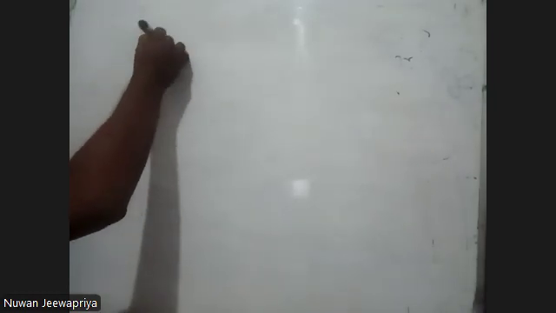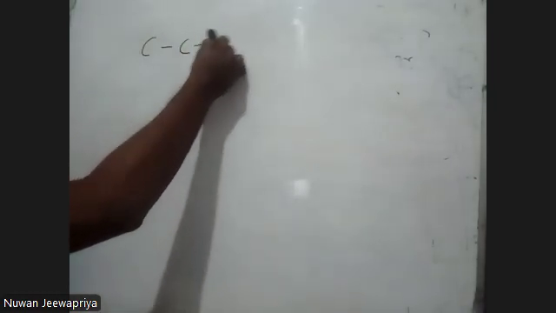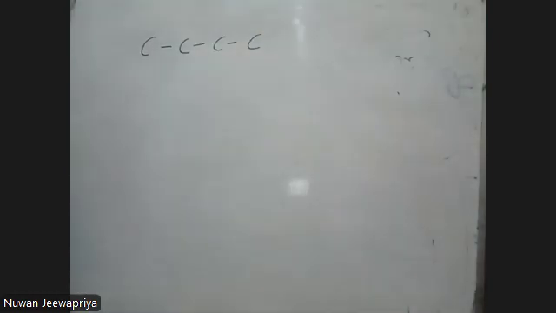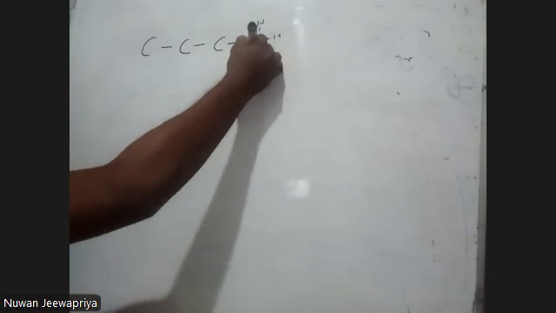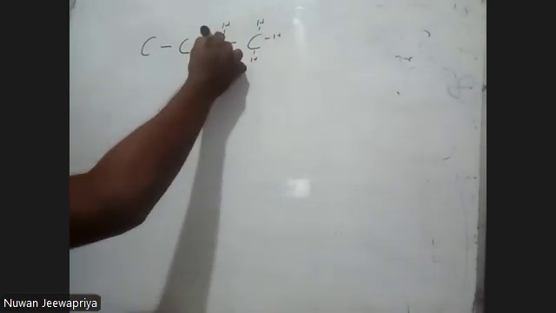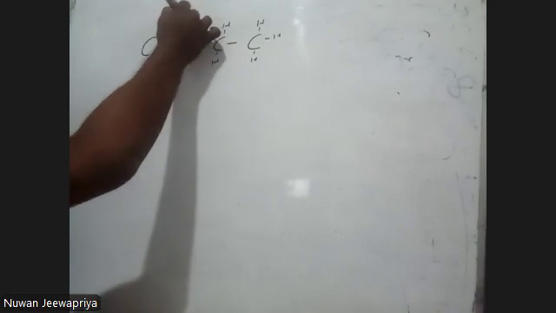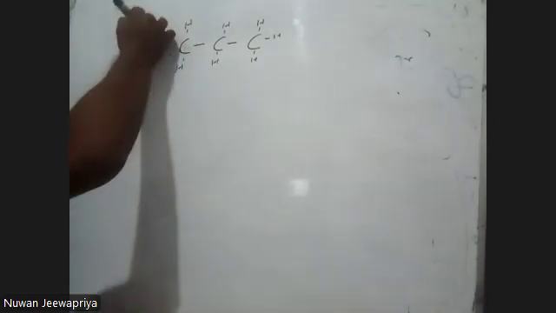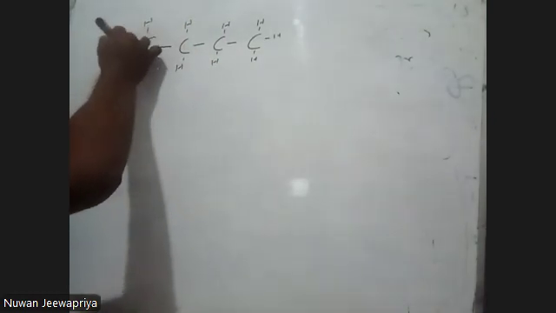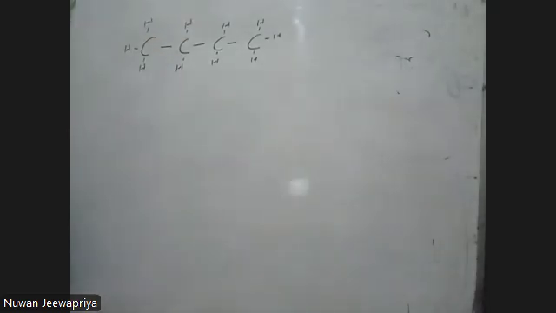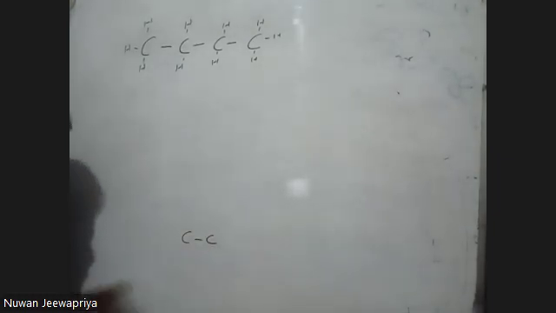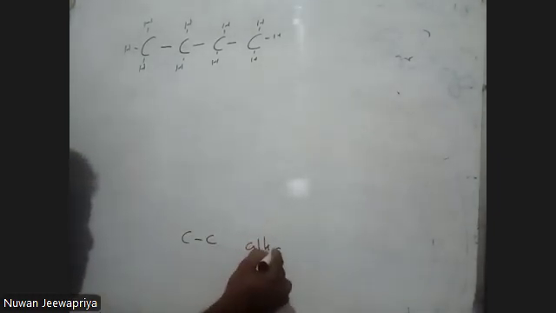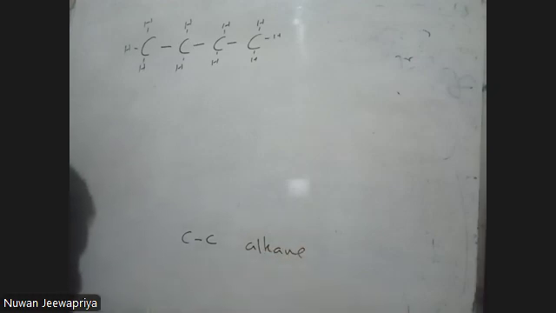Now I will take a 4 carbon atom example. There are 4 carbon atoms, and each carbon needs to have 4 bonds. So in a way that each carbon has 4 bonds, I will add hydrogen atoms. These are carbon-carbon single bonds, which are found in alkanes.